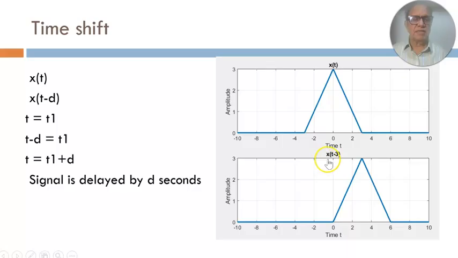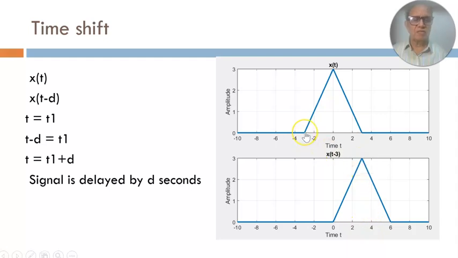Now in this case, if we assume that the delay is 3 seconds, then this entire waveform will shift to the right by 3 seconds. So you can see that here the waveform had a maximum value at t equal to 0. In x(t minus 3), it has a maximum value at t equal to 3.